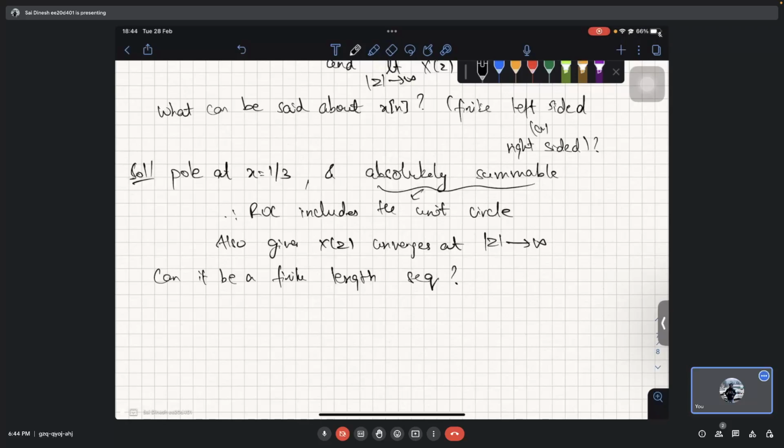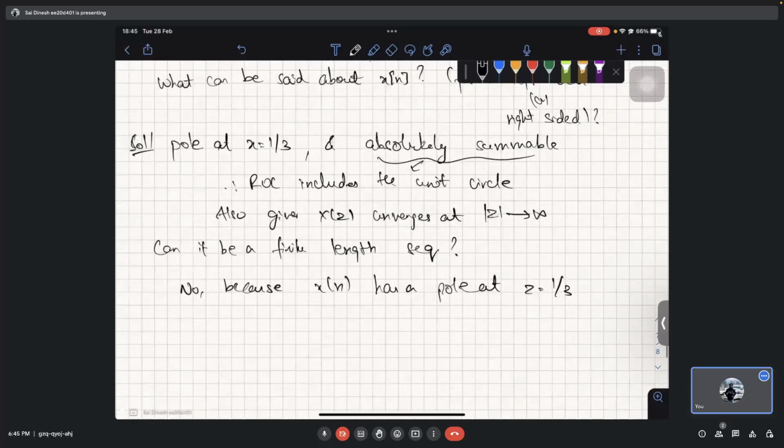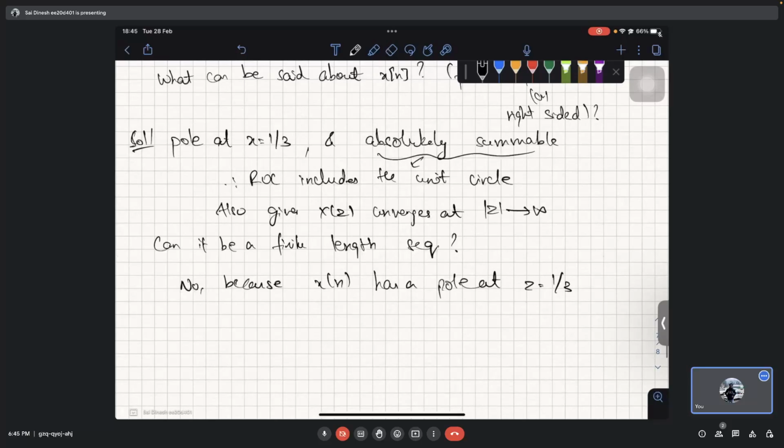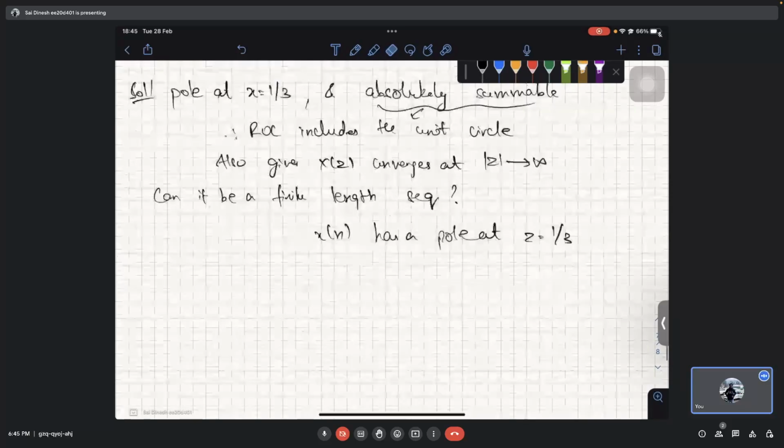No, because x of z has a pole at z equal to 1 by 3.